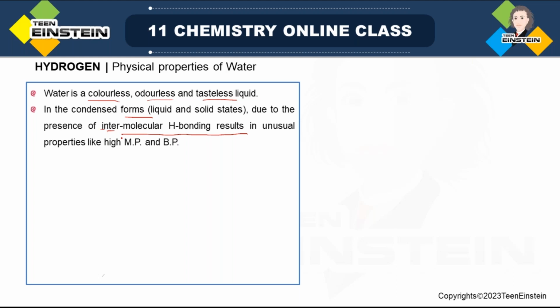Okay. Unusual properties like high MP and BP, that is, high melting point and boiling point. Normally, from H2O, the melting point or boiling point that we accept. For example, consider the hydrides of group 16. Why am I considering group 16?